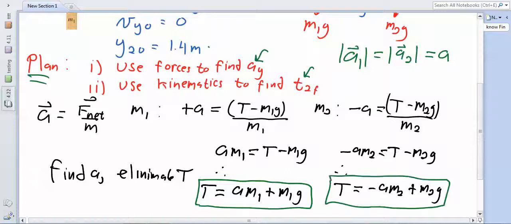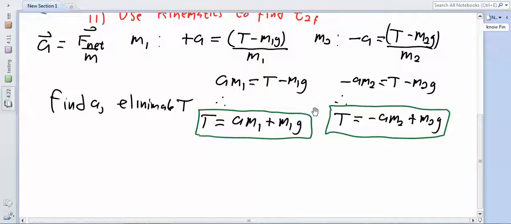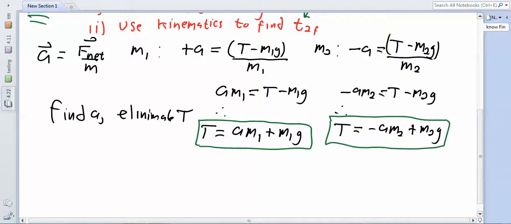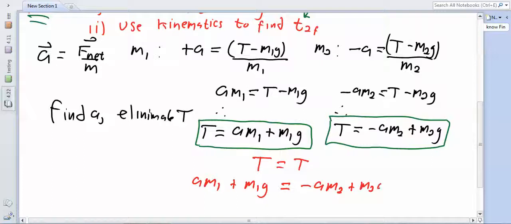And now, if we equate those two equations, because the left-hand sides are the same, the right-hand sides need to be the same. So since T is equal to T, then on the left I would have A M1 plus M1G is equal to negative A M2 plus M2G.